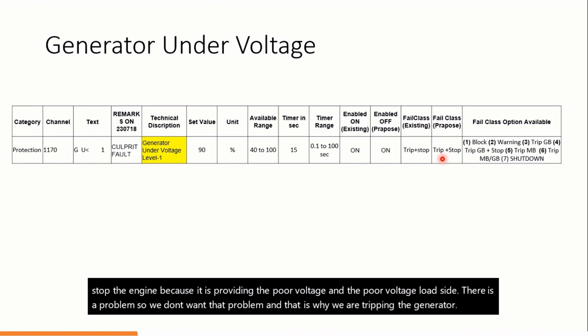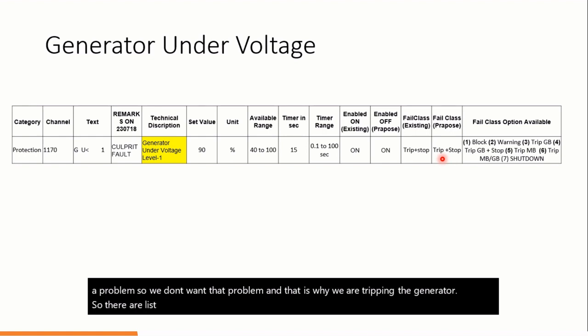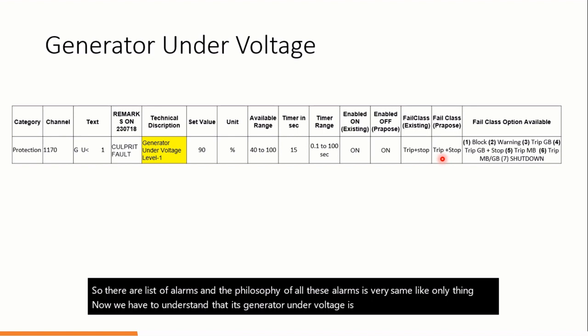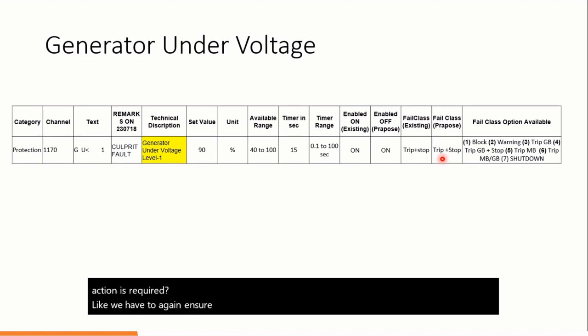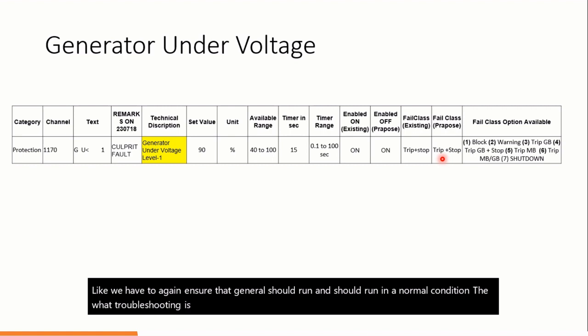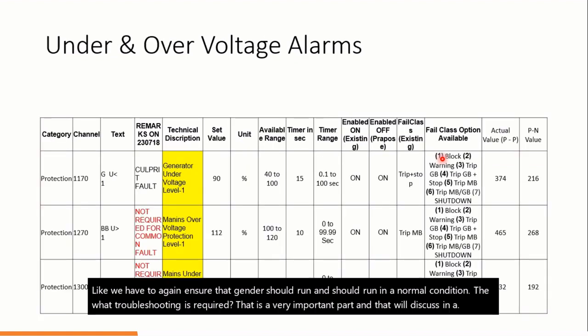There is a list of alarms, and the philosophy of all these alarms is the same. The only thing we have to understand is that if generator under voltage occurs, the engine is tripped. Now what action is required? We have to ensure again that the generator runs in a normal condition. What troubleshooting is required is a very important part, and we'll discuss that in the upcoming slides.